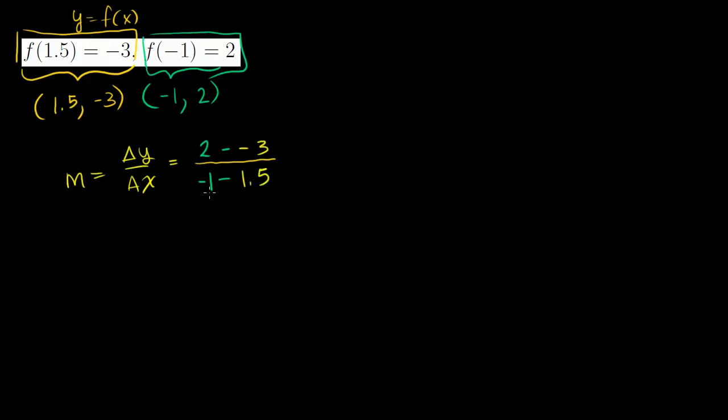I do the colors because I want to show you that the negative 1 and the 2 are both coming from this point. If I use the 2 first, I have to use the negative 1 first. That's why I'm color coding it.